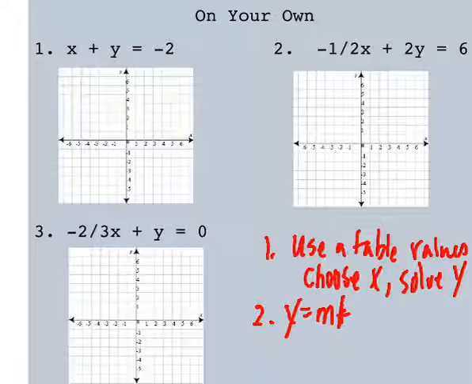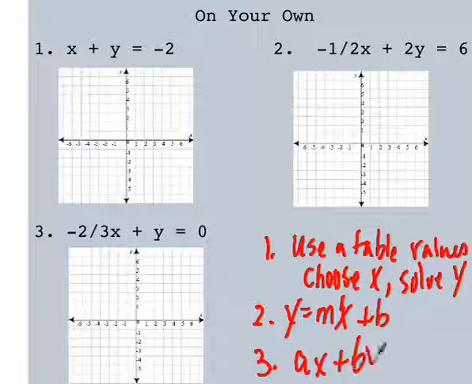Y equals mx plus b. The slope is m, the y-intercept is b. And the last one is standard form. Ax plus by equals c. And you are finding 2 points, the x and the y-intercepts. One should be on the y-axis, one should be on the x-axis. Woo! That's it.